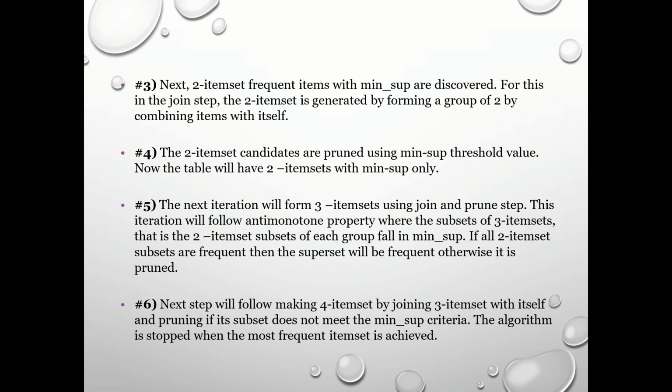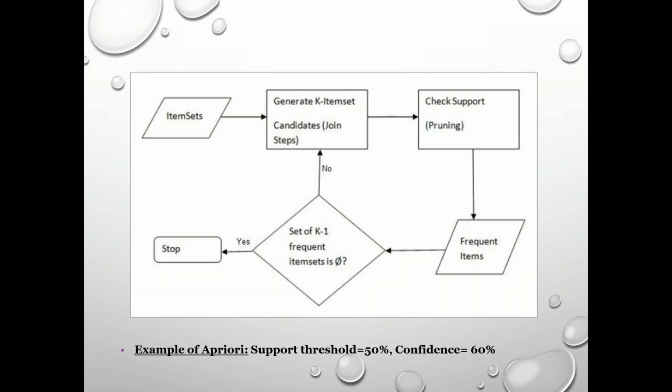The two-item-set candidates are pruned with the minimum support threshold value. Now the table will have only two-item sets with the minimum support. The next iteration will form three-item sets using the join and pruning steps, joining three-item sets with themselves and pruning using their subsets.